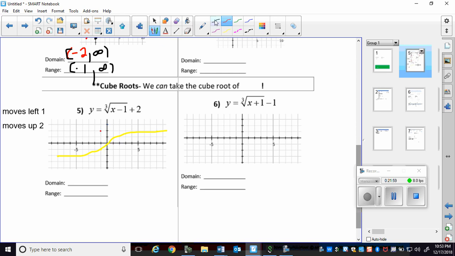For -1, -1, I move left 1 and up 2, and here's my new point. For -8, -2, I move left 1, up 2, and there's my new point there. And then I'm just going to go ahead and draw my curve going up.